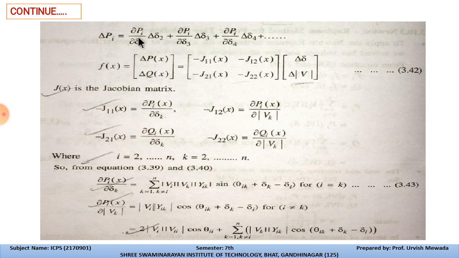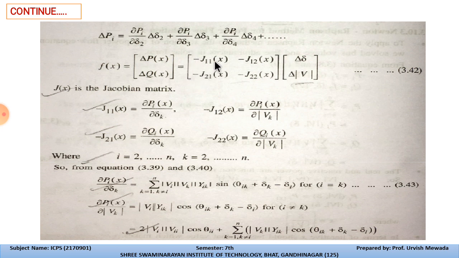Say del Pi by del theta 2 multiplied by delta theta 2 plus del Pi by del theta 3 into delta theta 3 plus del Pi by del theta 4 into delta theta 4. So from that, f of x, delta Px and delta Qx, is the Jacobian matrix that we can write for the two-bus system.